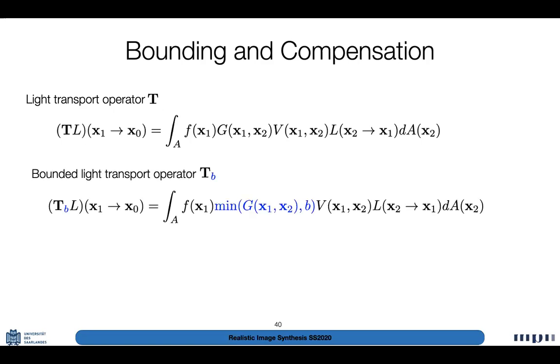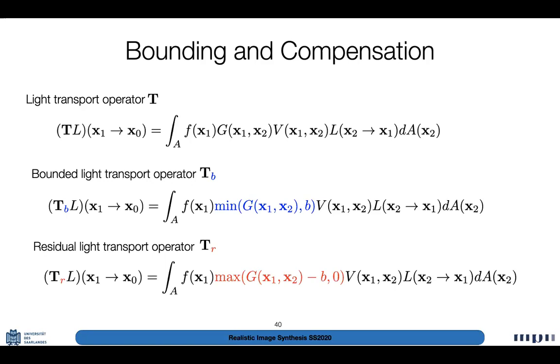Now, the same equation, when you apply your bounding term, let's call it T of B. And what you have done here is that you have simply changed the geometric term, and you are writing it now as the minimum of your threshold defined by B and the geometric term itself. So what is left? What is left is the residual term.